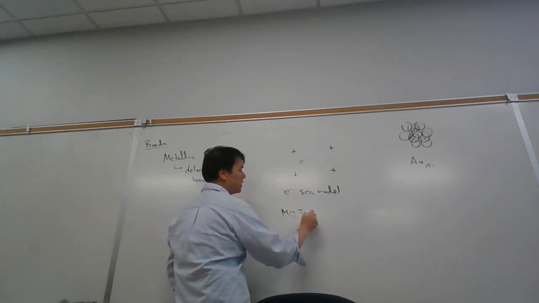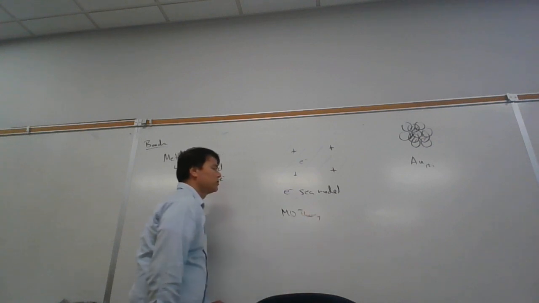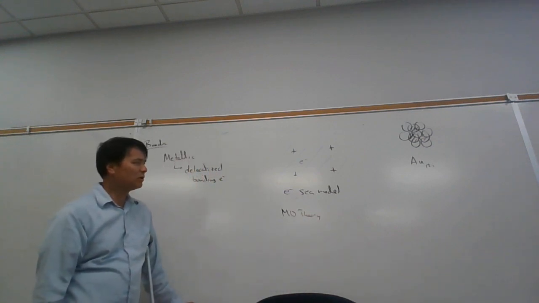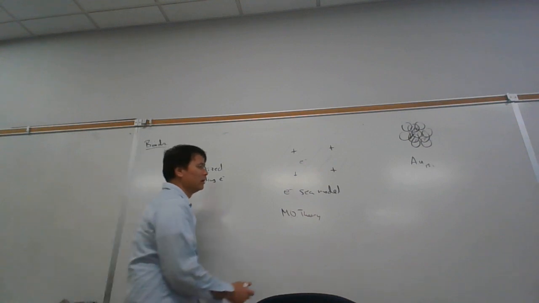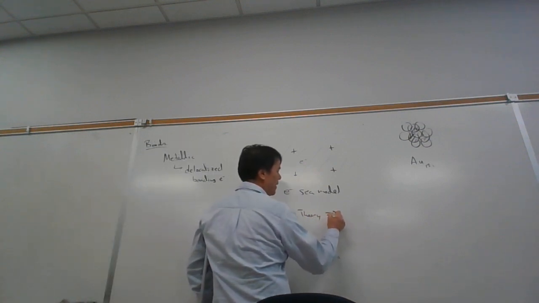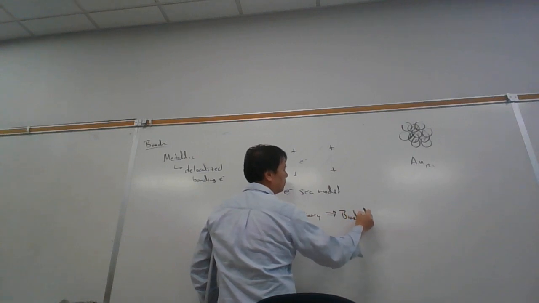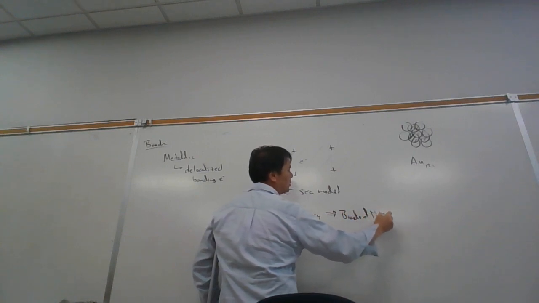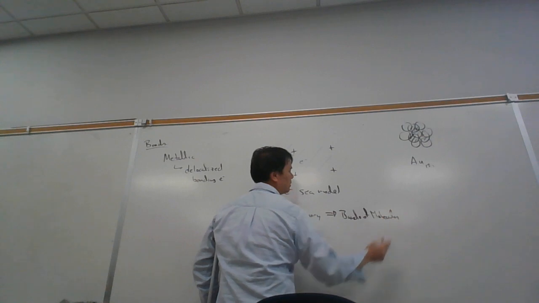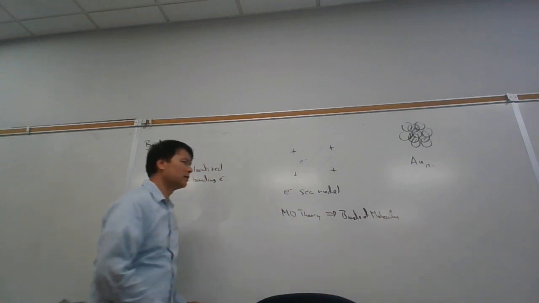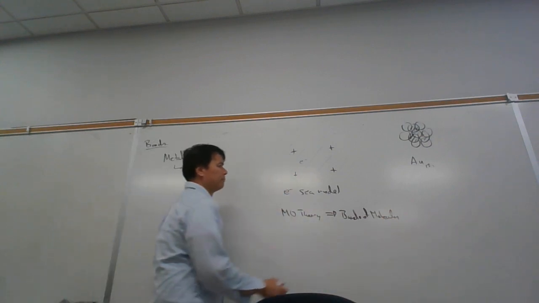And so the electron sea model we can describe in terms of MO theory, molecular orbital theory. This works best. And it turns out, when we look at the MO theory of this metal here, we have what are called bands of molecular orbitals that are closely spaced in energy, like a continuous band of molecular orbitals.